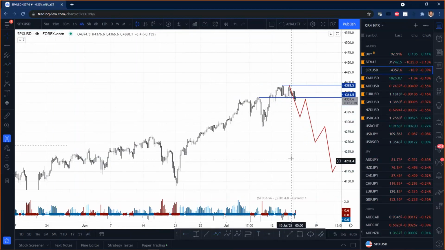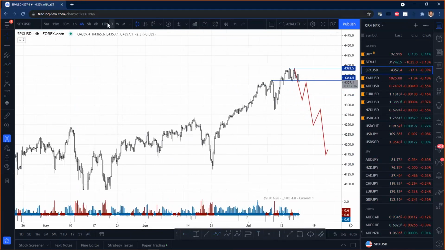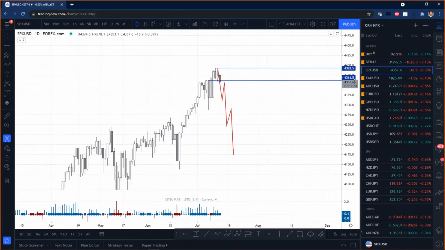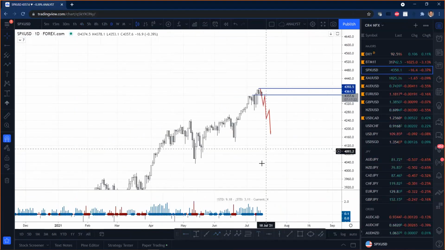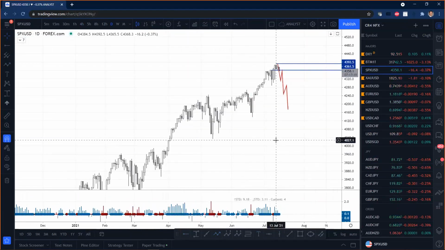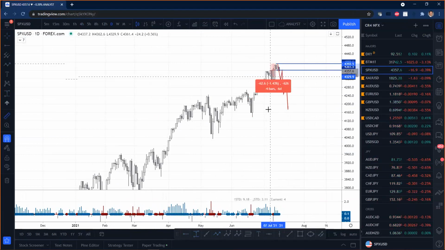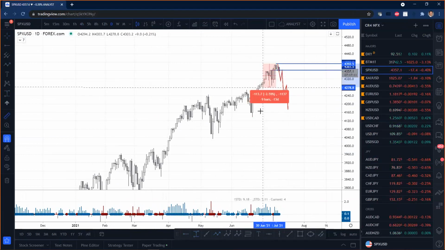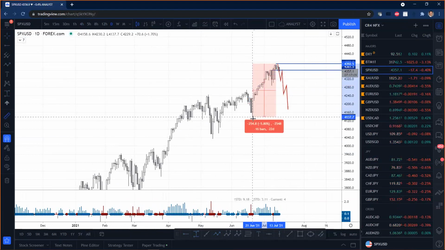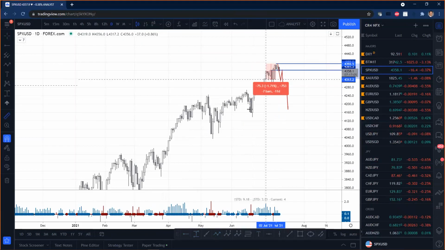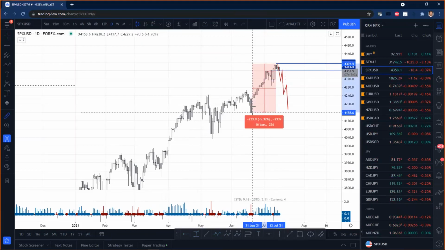So if we want to get a bit of perspective on what are some of the common moves to the downside we see, let's say if we go down from this point to where's 5%, okay, that's 5.32.